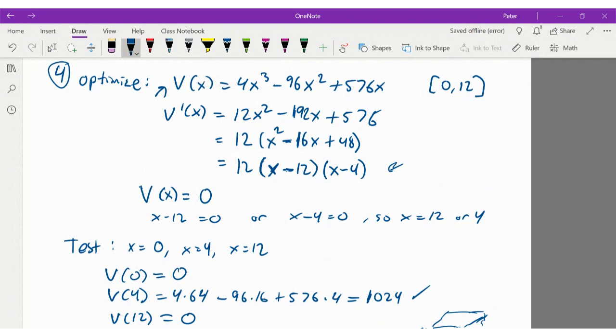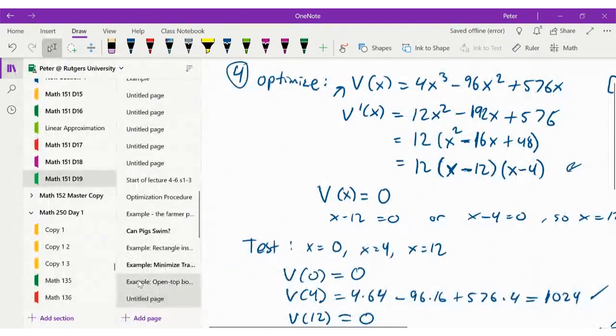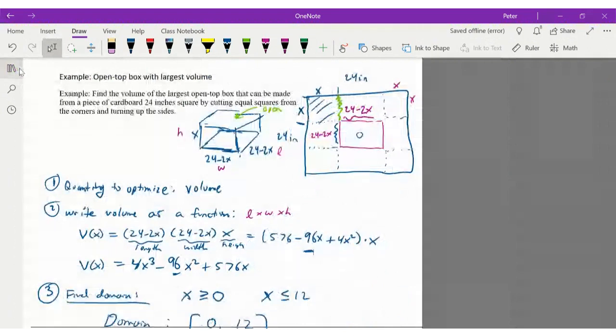But geometrically, if you actually took 12 inches from each side of the original piece of cardboard, you would be left with 24 minus 2x equal to 0. So you'd have a 0 by 0 square as the base, and you'd have a box that was very, very tall but had no width on the bottom.